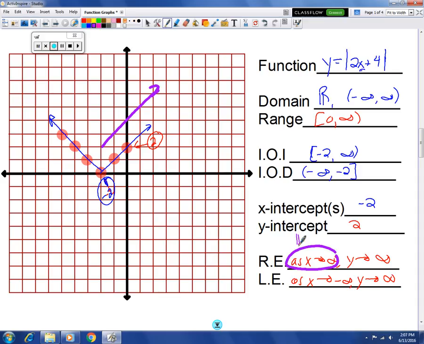Really it's talking about that the graph is going to the right, and as it goes to the right, this part of the statement tells us that the graph is going up. Okay, and as x approaches negative infinity, that means as the graph is going left, and it's still going up. So there are a lot of other ways we can explore absolute value, but that'll get us a start.